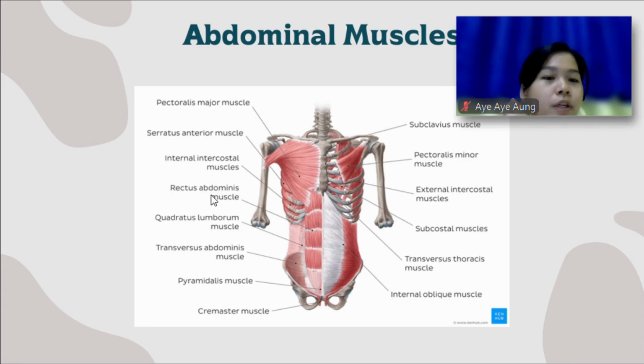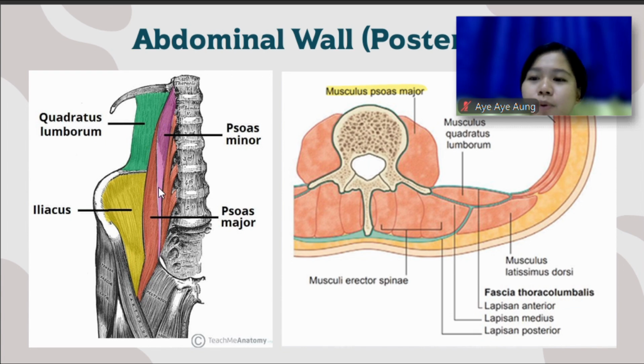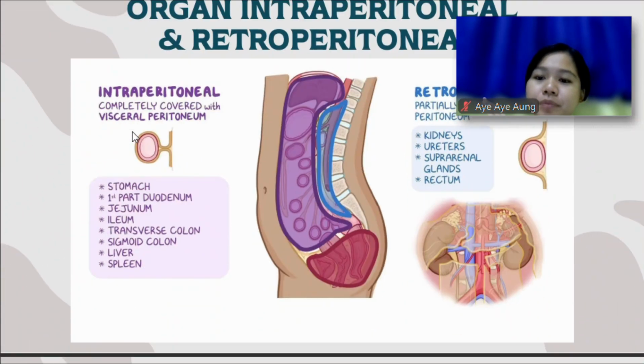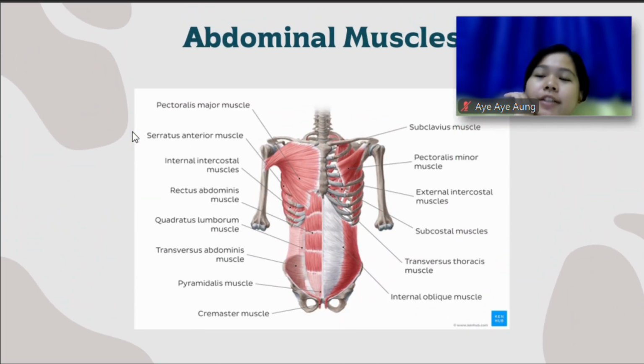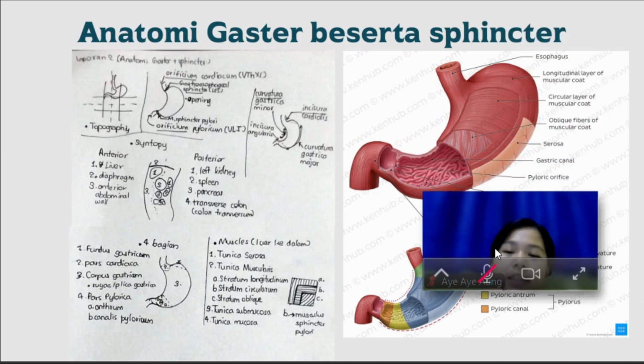The rectus abdominis is the six-pack muscle responsible for trunk flexion, and posteriorly, you can see here, the psoas major and the iliacus help flex the hip, while the quadratus lumborum helps lateral bending. Okay, that is all for the abdominal wall, and we will continue to anatomi gaster beserta sphincter.